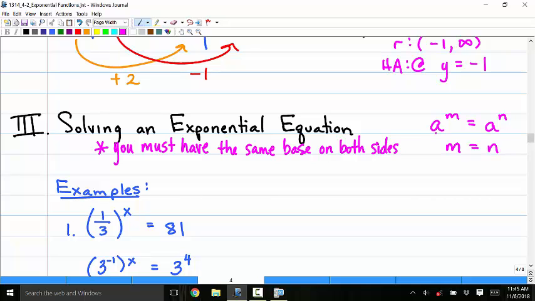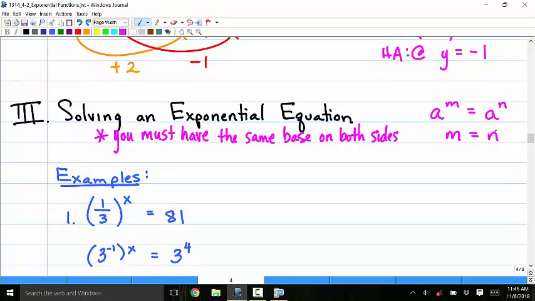So yesterday's class said, so you can kind of just go like that to the bases? Yes. If you have the same base on both sides, and you can write it as a to the m equals a to the n, you know that the exponents have to be equal.